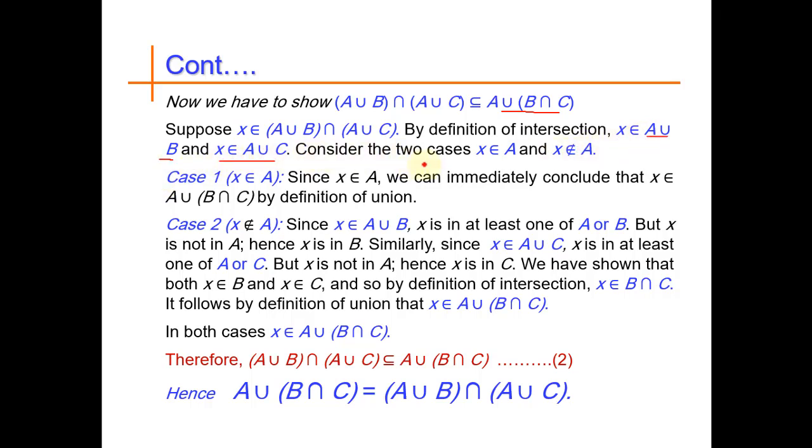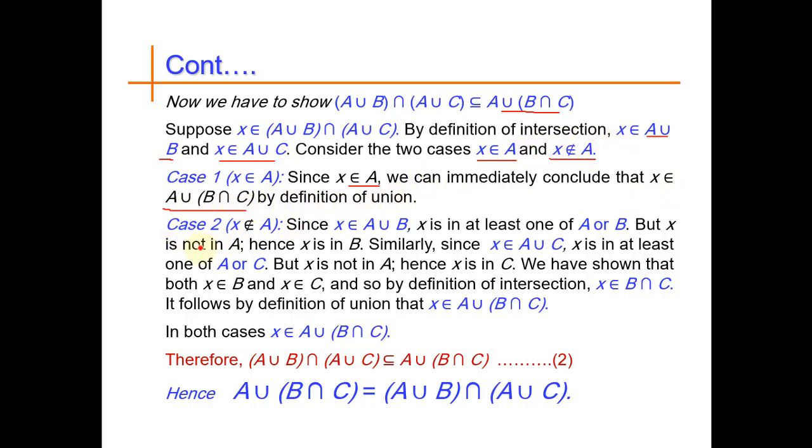Now we consider the two cases: X belong to A and X does not belong to A. So in the first case, when X belong to A, since X is in A, we can conclude that X belong to A union (B intersection C) by the definition of union.